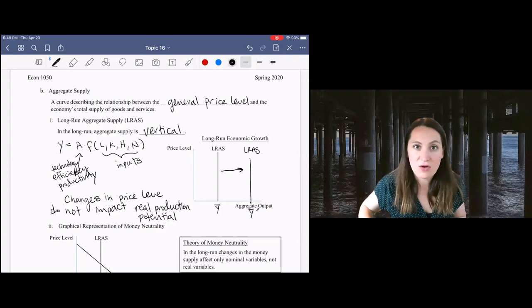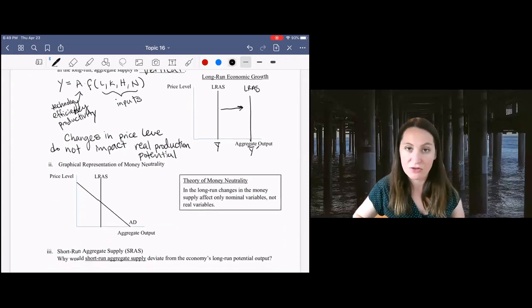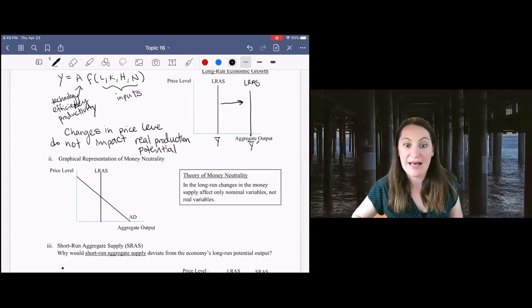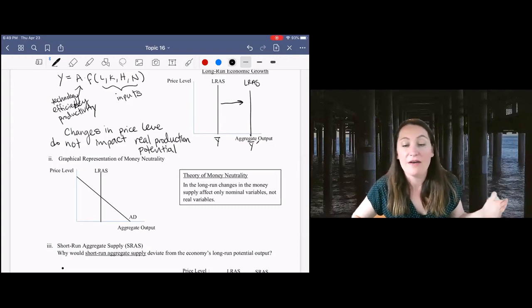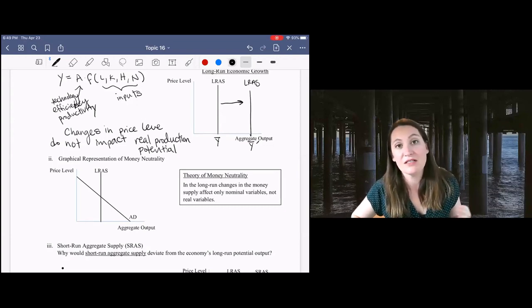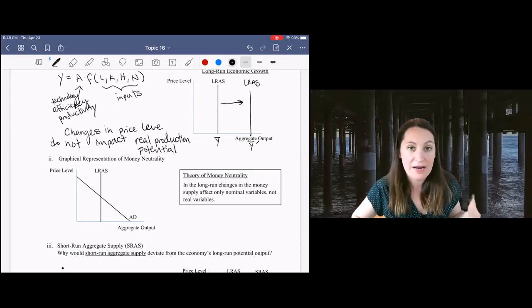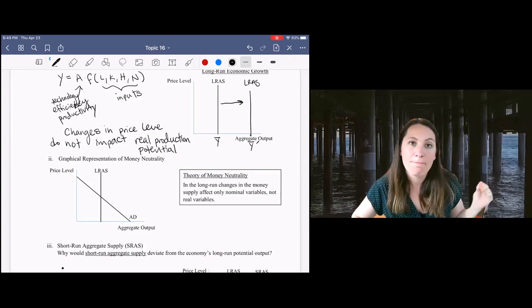And this is described by the theory of money neutrality. Okay, so the theory of money neutrality says that in the long run, if we change the money supply, if we change the amount of money in the economy, there's going to be inflation, right? Prices will go up, but it will not impact any of the real variables in our economy, okay?